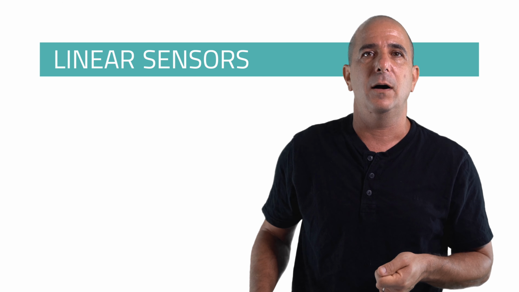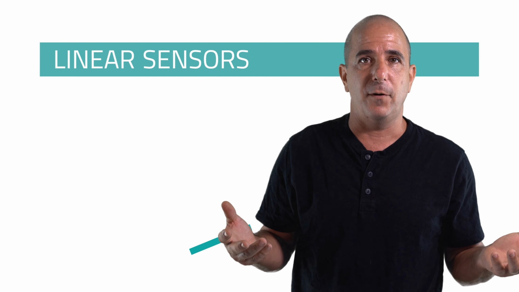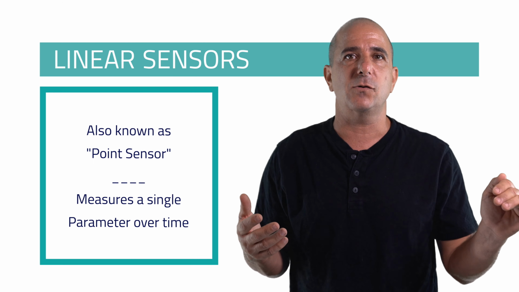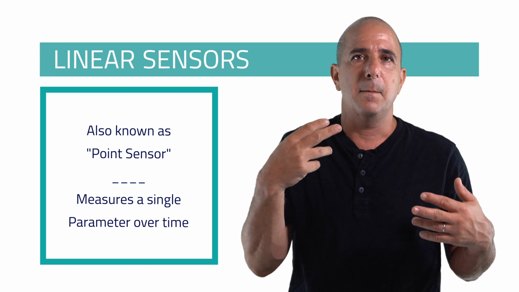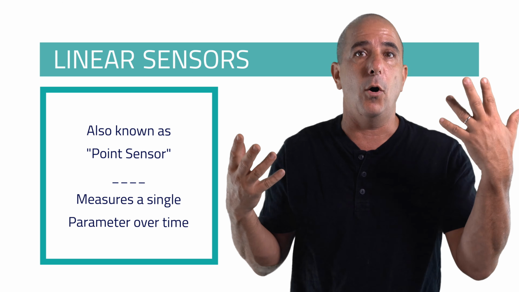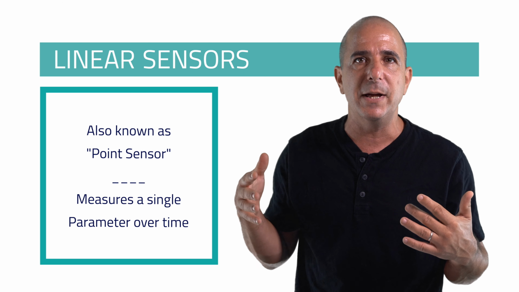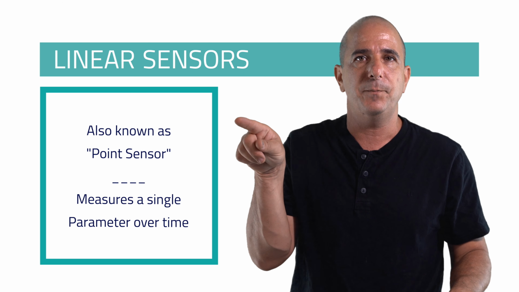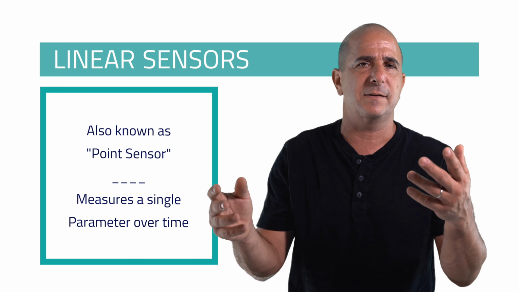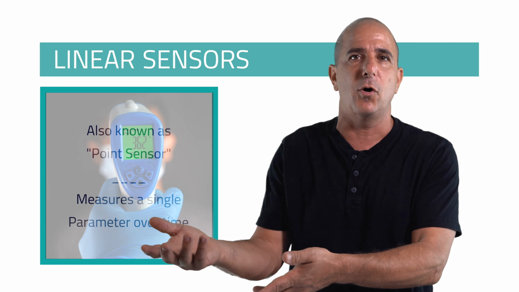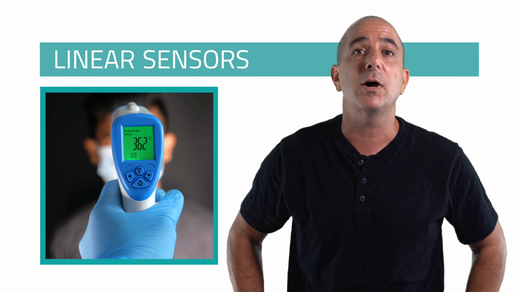The simplest sensor is a linear sensor, or if you would, a point sensor. Think of a microphone. This is a sensor that literally senses the audio or the sound around me in time. But a simpler sensor could be, this is a COVID-19 thing, you go to a mall, you need to get your temperature checked.